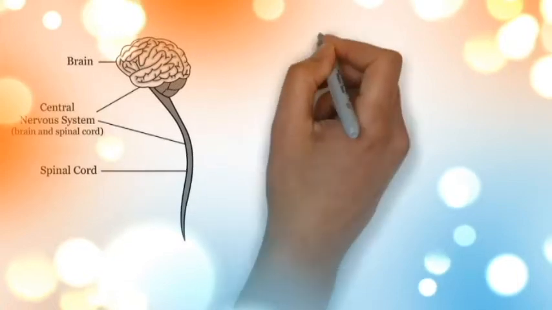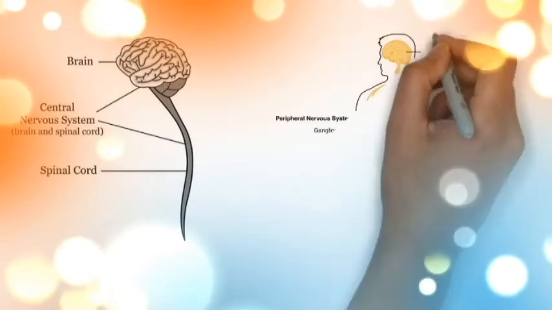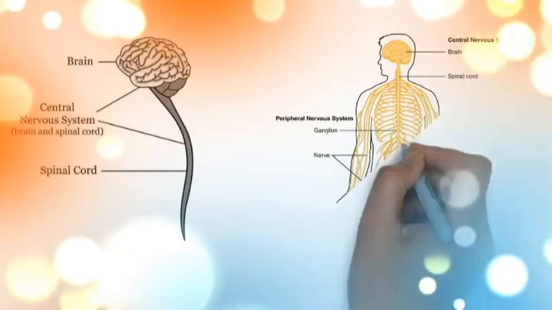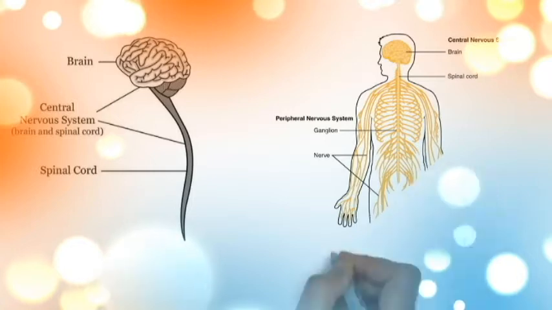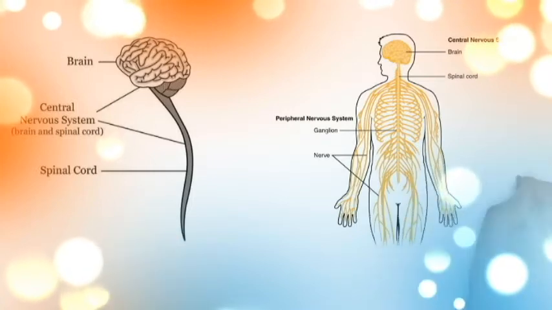So, for example, you have a long nerve that runs down the back of your leg called the sciatic nerve, and that is part of the peripheral nervous system. Any part of a nerve or nerve cell or process of a nerve that lies outside the brain and the spinal cord is part of the peripheral nervous system.